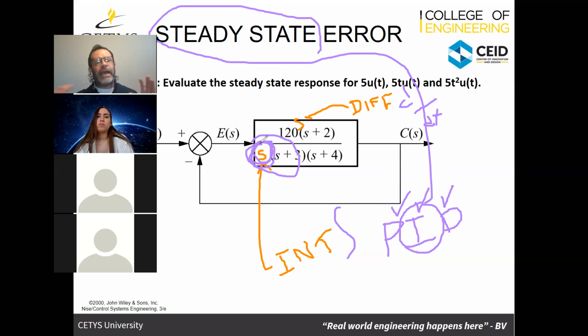Okay, so I don't know how many of you have used PID controllers and had to tune them, but if I'm looking at my system and my system has an error, a steady state error like the ones we're talking about, I need to modify the integral constant. And by modifying the integral constant, I'm going to somehow improve that.